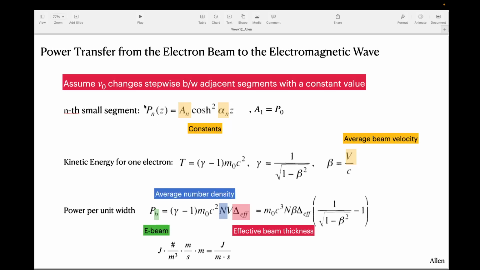This P corresponds to the power of the EM wave, and this P sub B is the total power per unit width of the electron beam, which is just times the number density. The number density can be obtained from n times v times delta effective, where n is the average number density per volume, v is the velocity, and delta is the effective beam thickness.